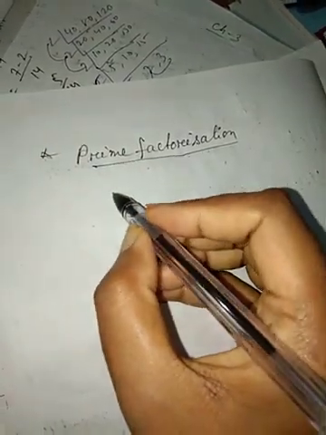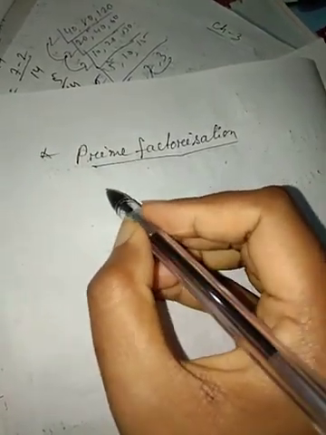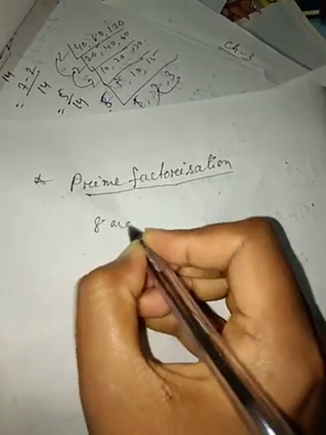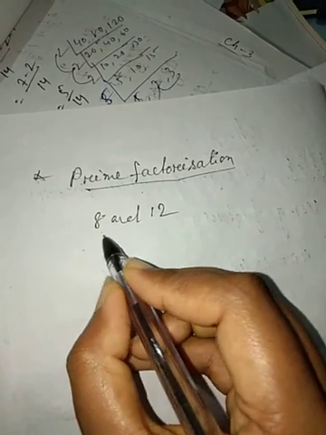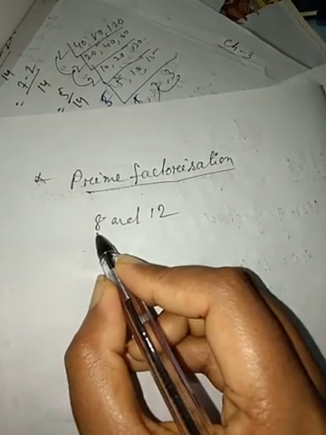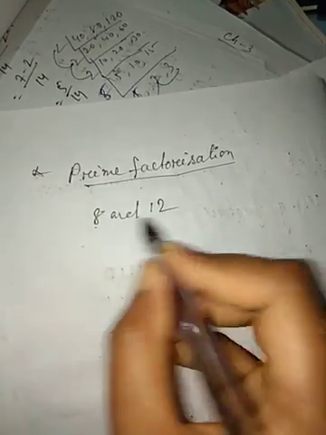I take two numbers from your book: 8 and 12. Using prime factorization, I find the HCF of 8 and 12.